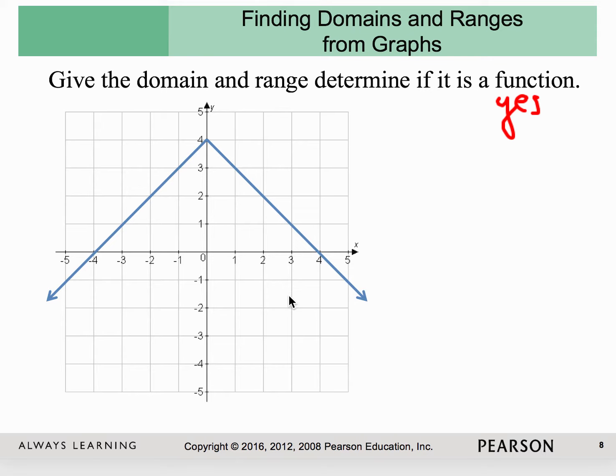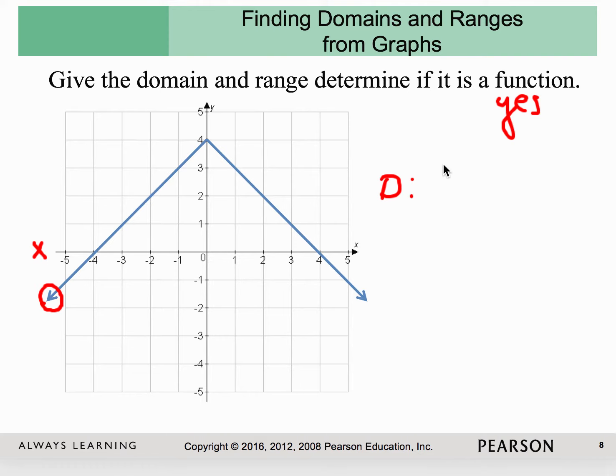Now, if we're asked to give the domain and range of a graph, we'd be talking about interval notation. And domain is the x value. So I'm going to look across my x-axis, and graphs are always read left to right. When I look in this direction, the first thing I come to is an arrow. What this arrow means is the graph is going in this direction forever, moving to the left forever.